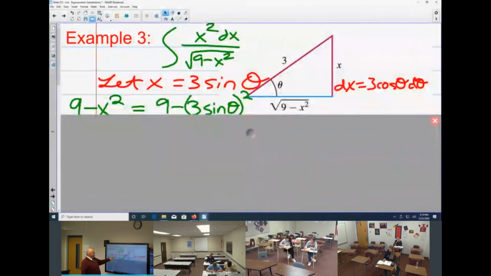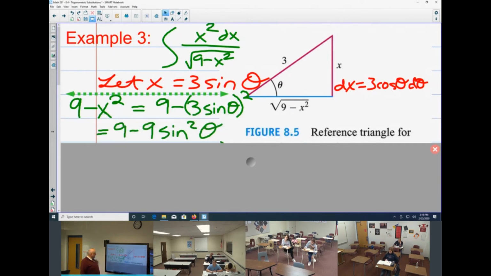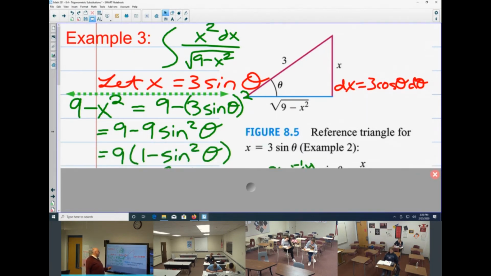All right, so now I'm going to focus on the denominator again. Okay? So 9 minus x squared is going to be 9 minus 3 sine theta squared. So that's 9 minus 9 sine squared. Factor out a 9. 1 minus sine squared.